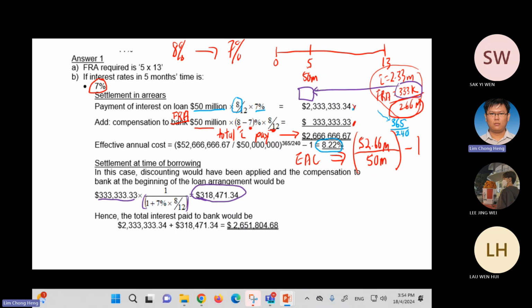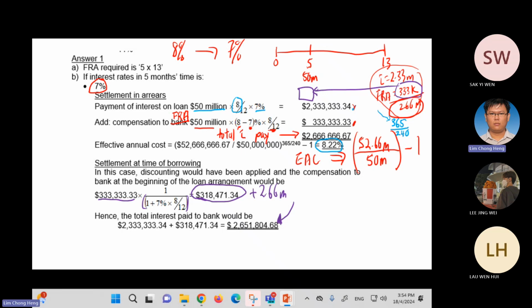So in this situation, the total interest you pay is plus 2.66 million, and then this is the total interest you need to pay. So 2.65 million.